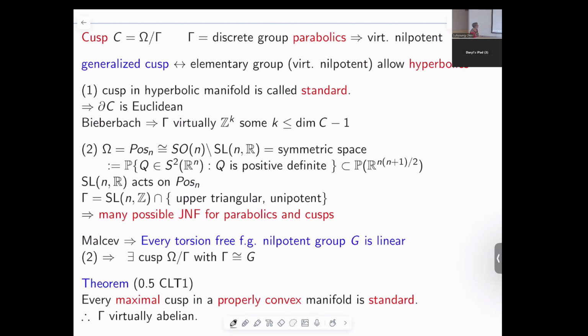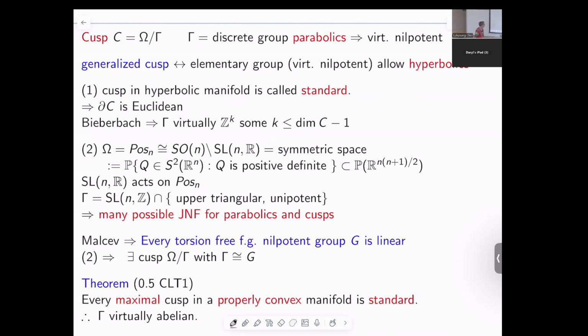If you take the discrete group consisting of SL(n,Z) intersect the upper triangular unipotent matrices, this is a group of parabolics. And so the quotient of this domain by this group is a cusp according to this definition. And so there are many possible Jordan normal forms for parabolics.